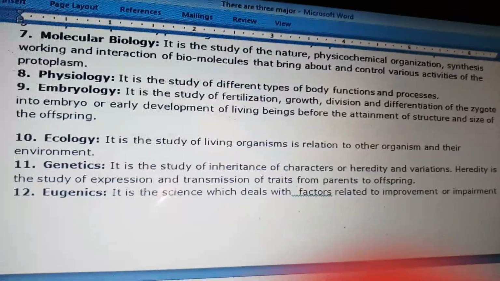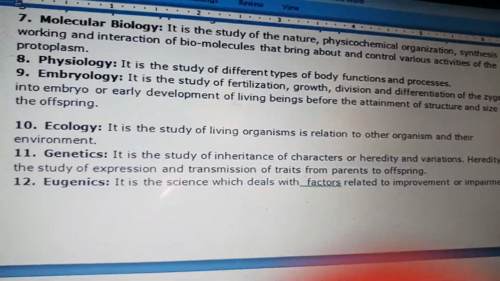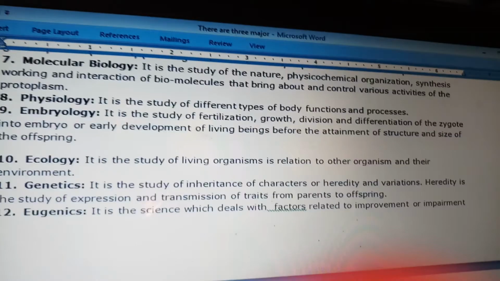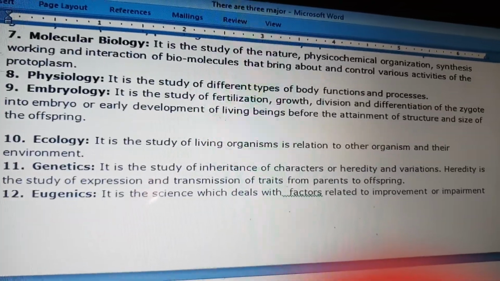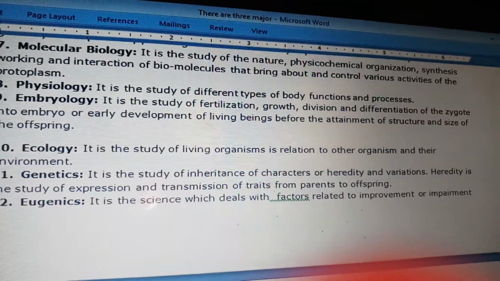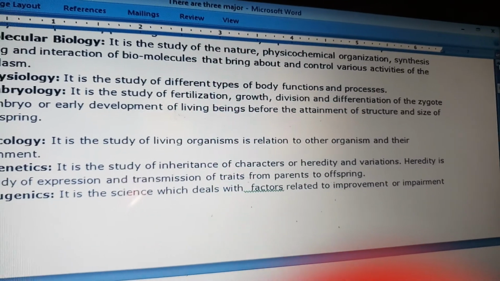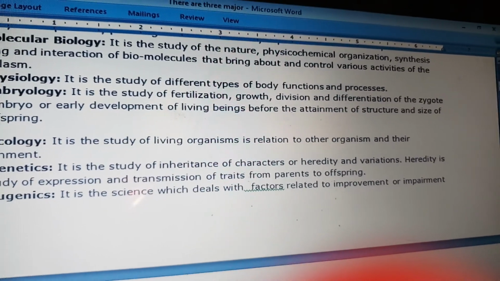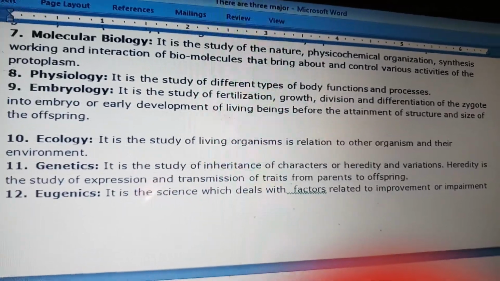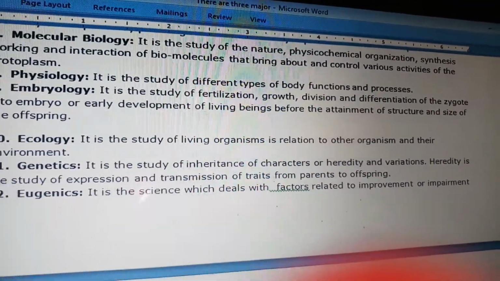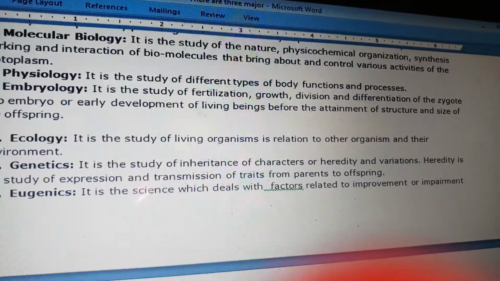Now students, some branches of biology are left for description. Here you can see the next one is molecular biology. It is a study of nature, physiochemical organization, synthesis, working and interaction of biomolecules.